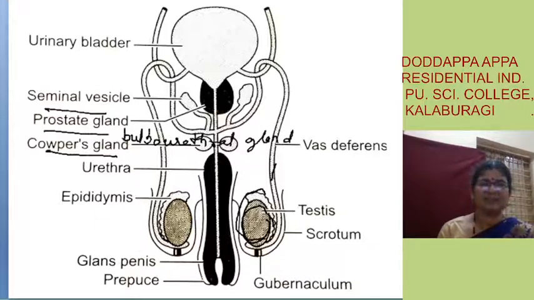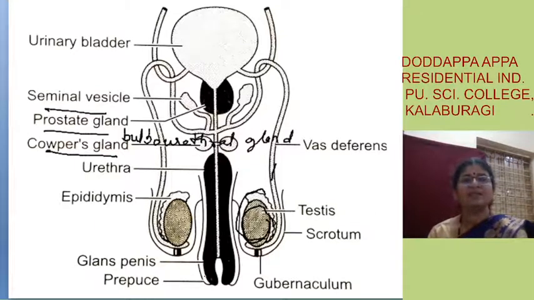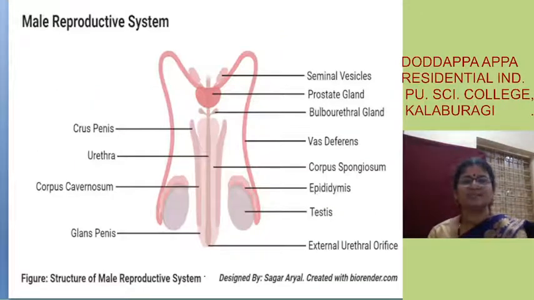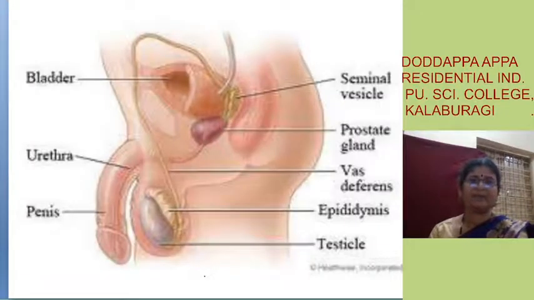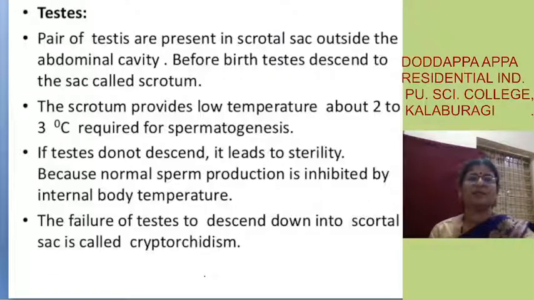The tip of this copulatory organ is called the prepuce. Fine. So this is the structure which you have learned for 5 marks, and you have practiced the diagram. Let us know in detail. It is a simple diagram. Actually there is no need for you to practice, but I have kept this for the coming one.